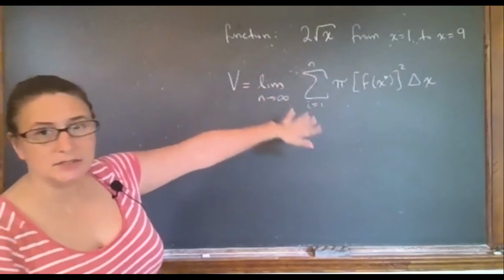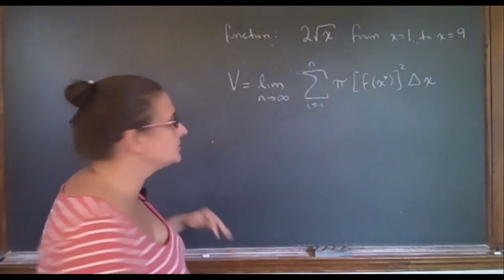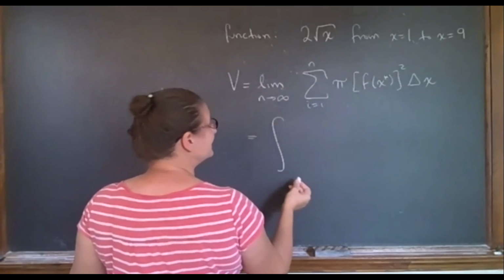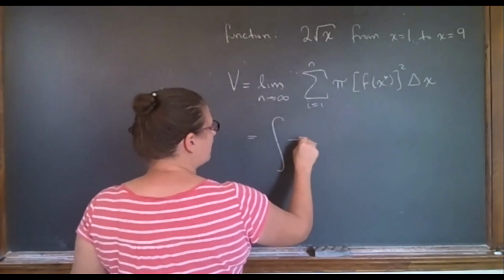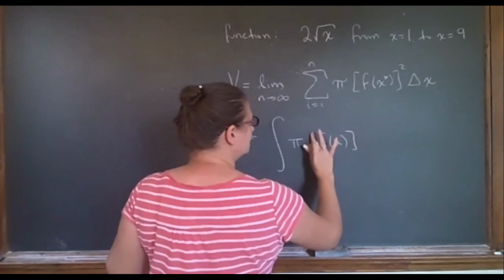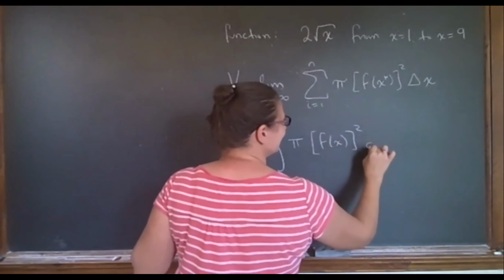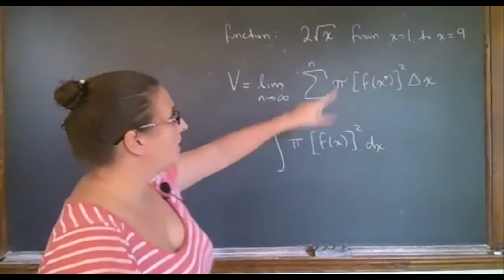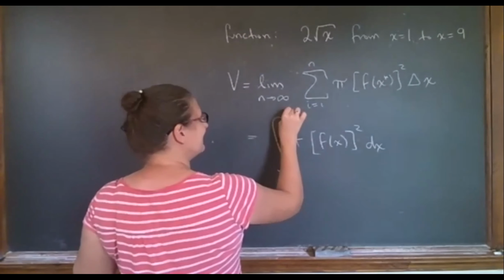So that's a Riemann sum, but of course I want to take the integral. So what is this going to be then? It is going to be the integral of pi f of x squared dx, and my x went from 1 to 9.